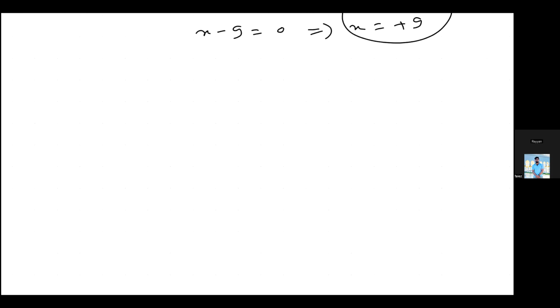Whenever this kind of question comes where you have the term x squared minus 5x minus 33, basically ax squared plus bx plus c.